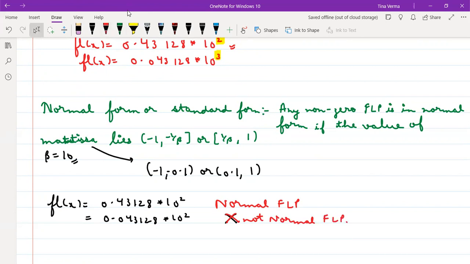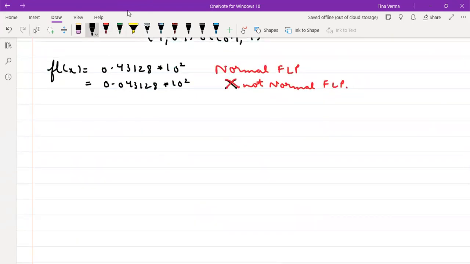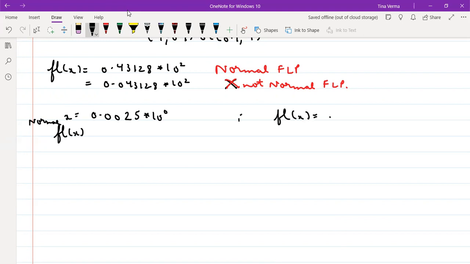So if you have any number x, you can write 0.0025 into 10 raised to the power 0, that is 1. No doubt this is in the floating point representation, because there is no condition on the mantissa part.